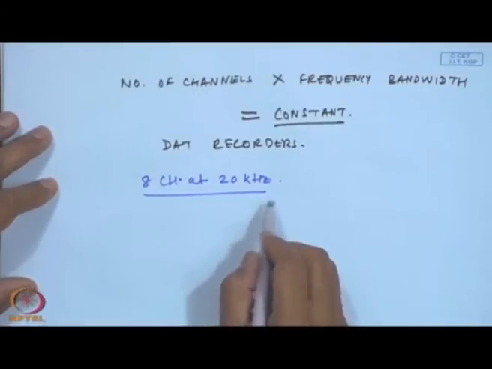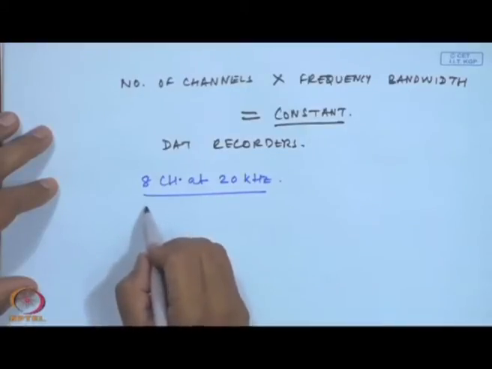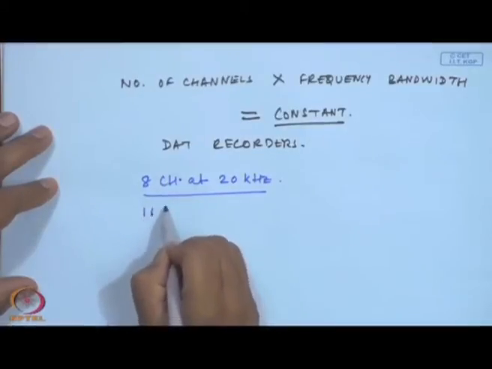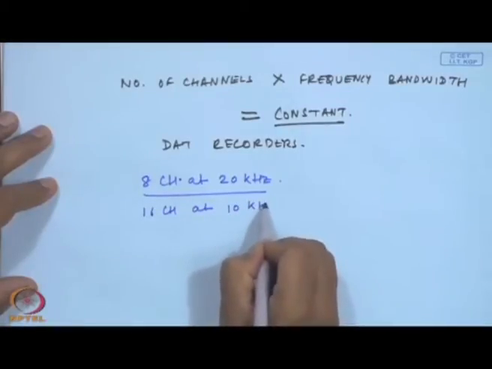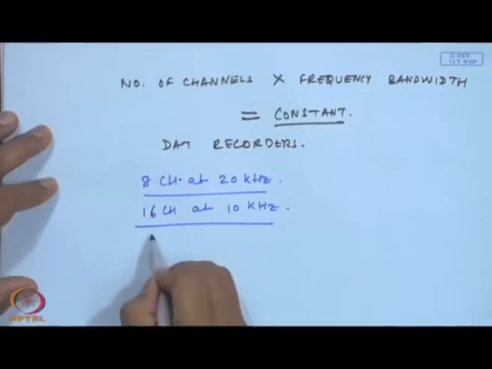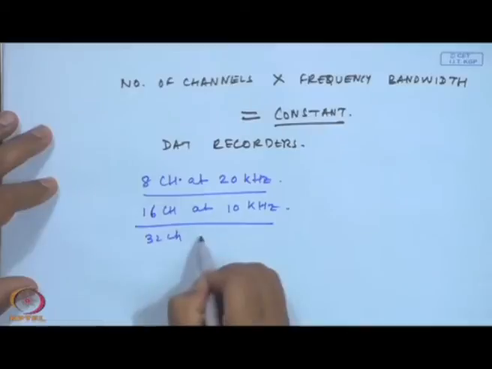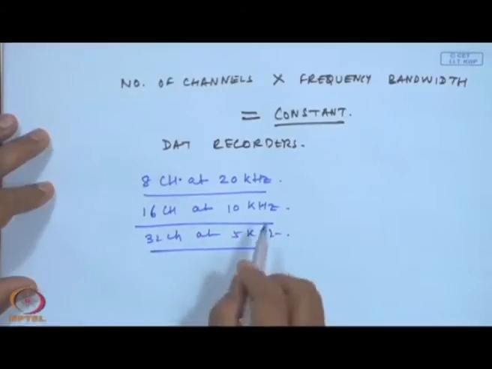If you want to make 16 channels, it has to be sampled at 10 kilohertz and so on. Okay. So, this option can be there, or 32 channels at 5 kilohertz. Okay.